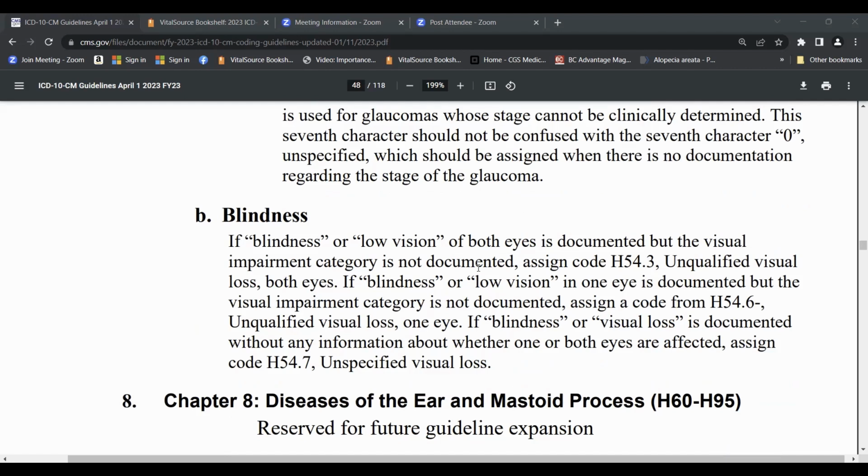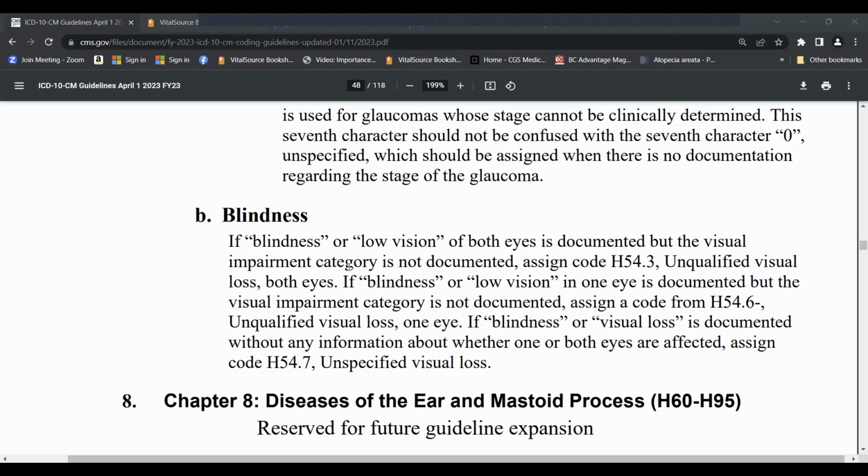If blindness or visual loss is documented without any information about whether one or both eyes are affected, assign H54.7.